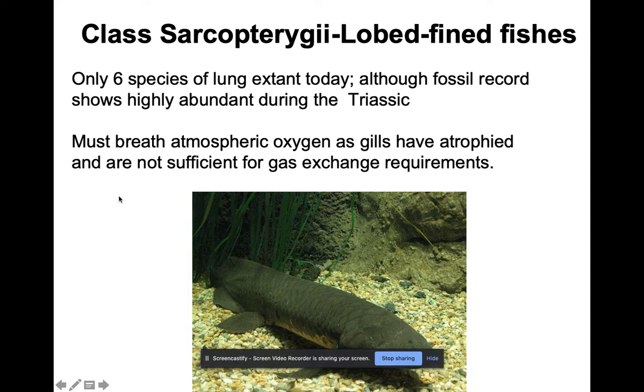And these fish, these lungfish, as the name implies, their gills have atrophied to such a degree that they're not even sufficient for gas exchange. So they can't even breathe with their gills, and as a consequence, they have to breathe atmospheric oxygen. So what structure do you think they have to have highly developed in order to breathe atmospheric oxygen?